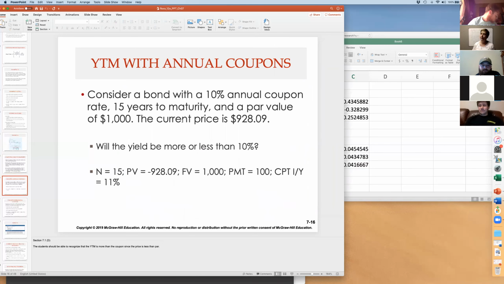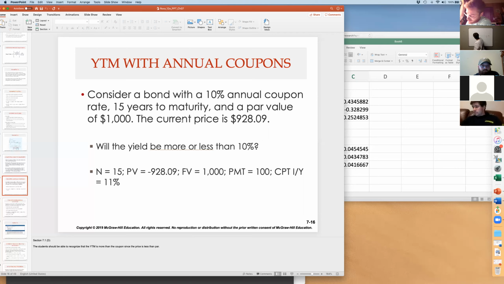All right, so let's do one more problem as a yield to maturity question, and then we'll move on from it. So we've considered a bond with a 10% coupon, and it's annual. Its par value is $1,000. It's 15 years to maturity. So here's 15 years.